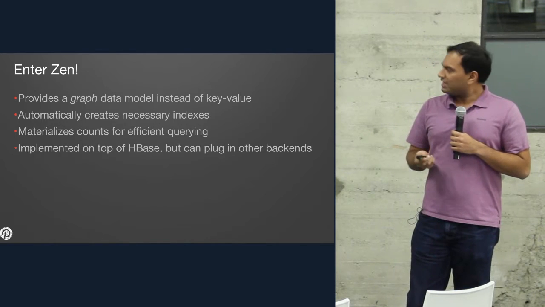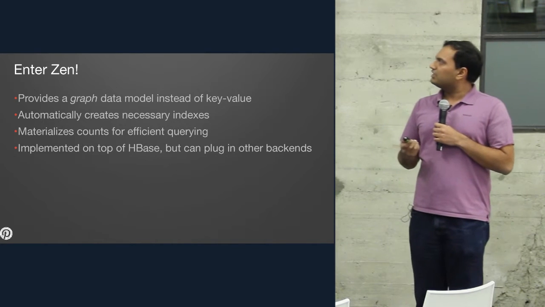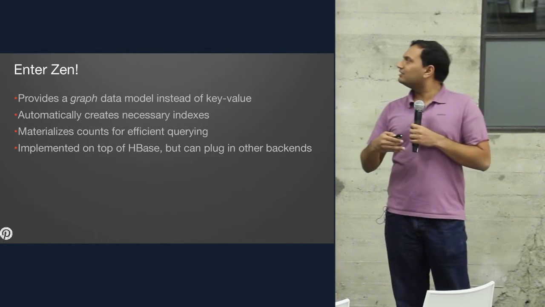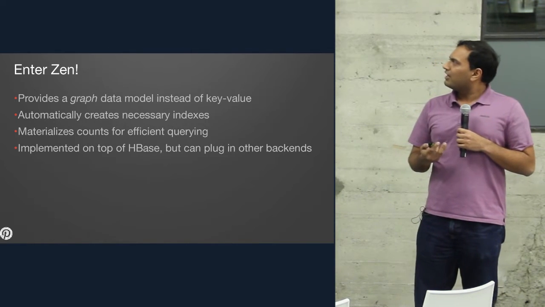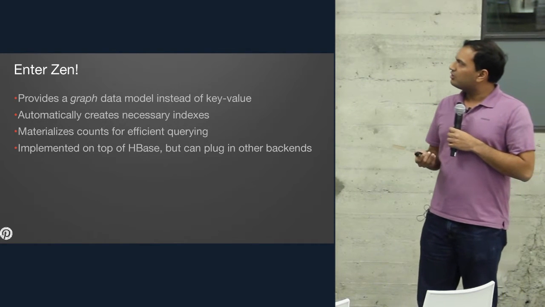So that's basically what Zen is. Zen is a storage as a service kind of abstraction, but with a graph data model instead of a key value data model. Behind the scenes, it creates all the necessary indexes that you need to support a graph model.